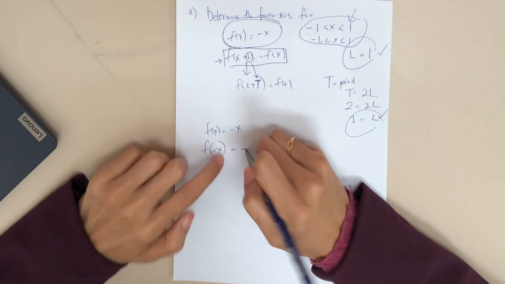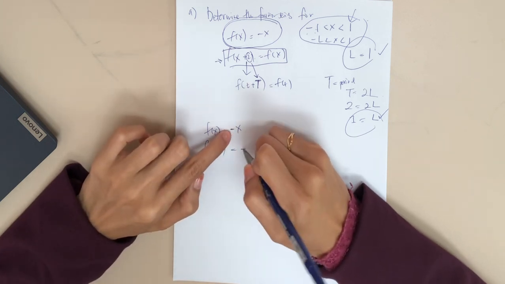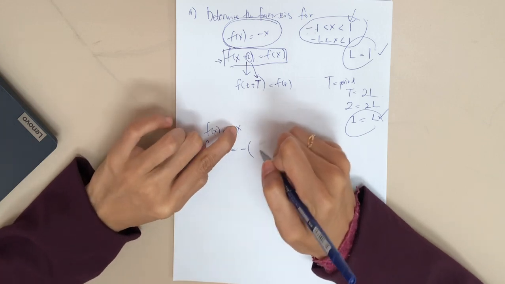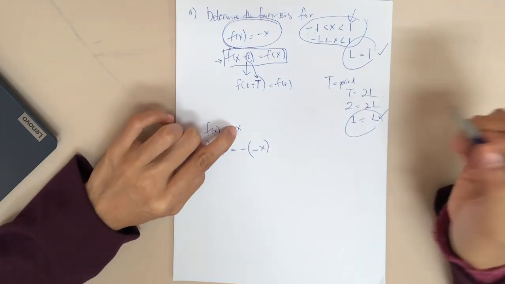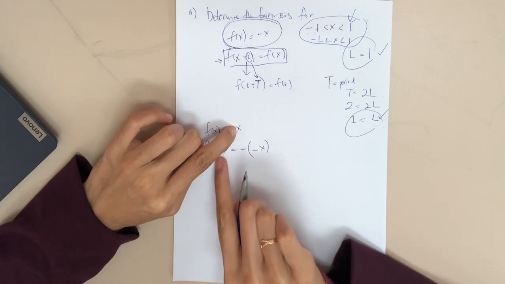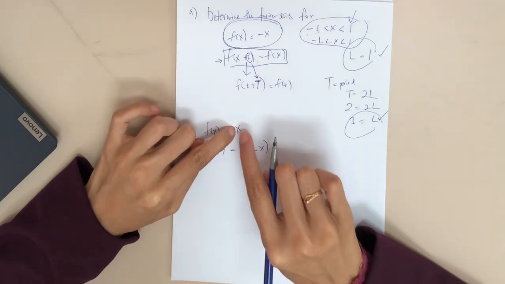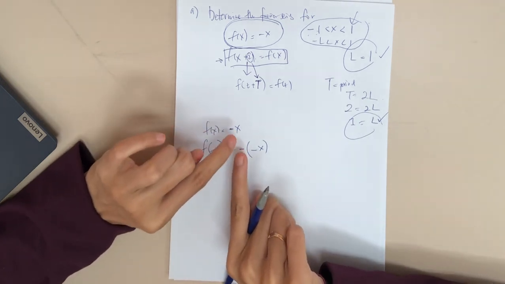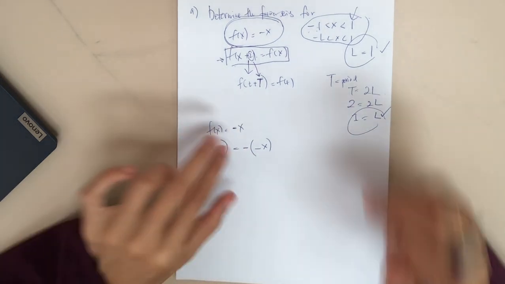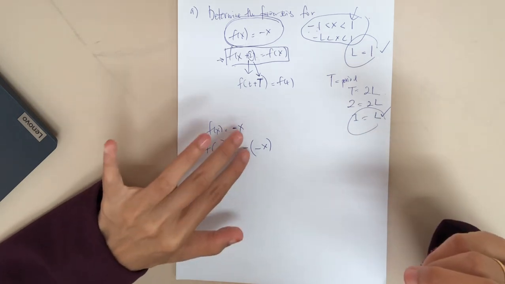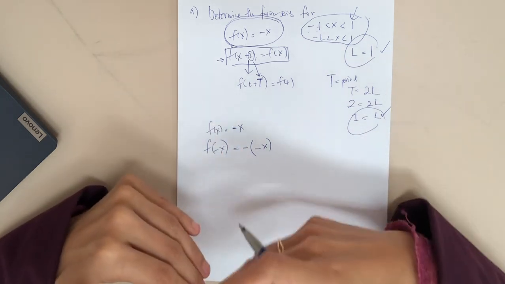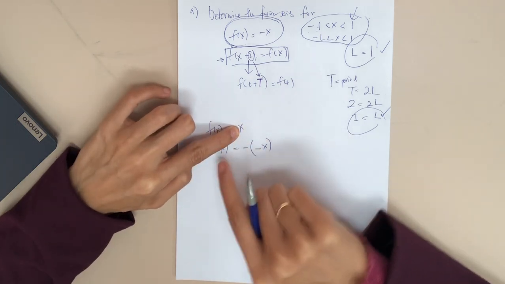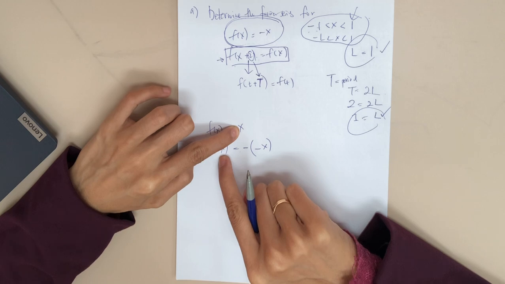You have to replace what is in the bracket with x. The negative outside, ignore it, close it, because you still need to bring this negative. To avoid being careless, I suggest you close it. So from x we need to replace with negative x.